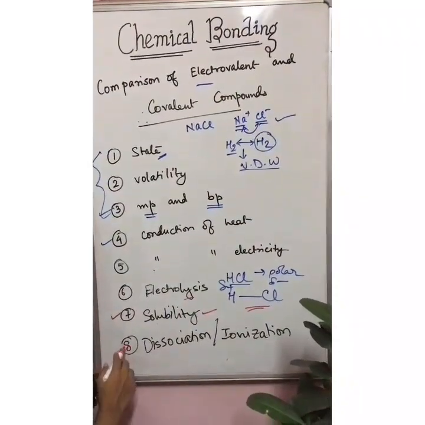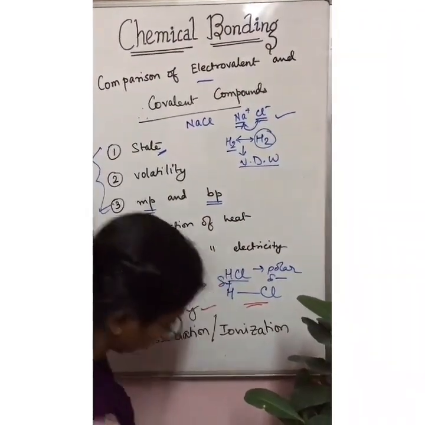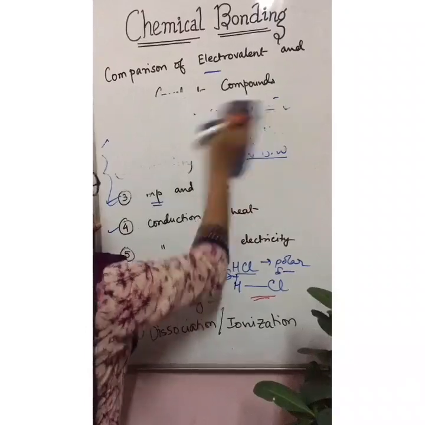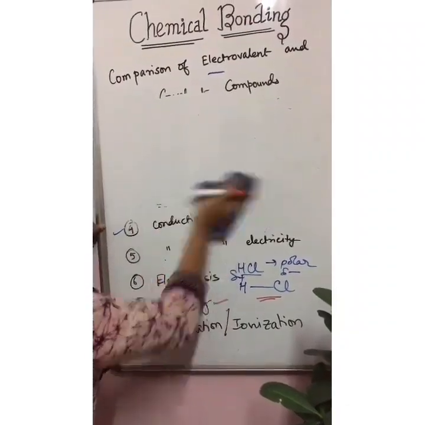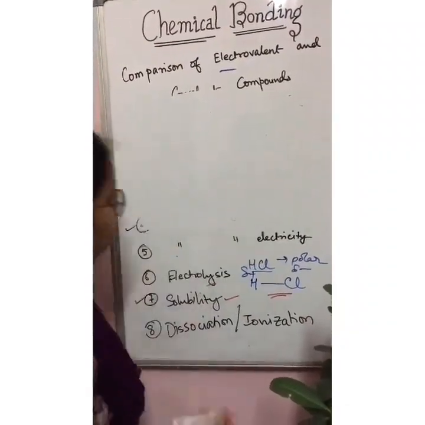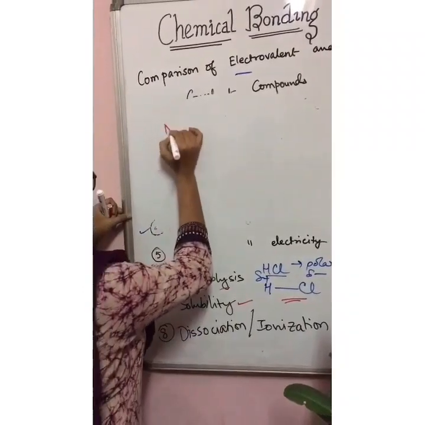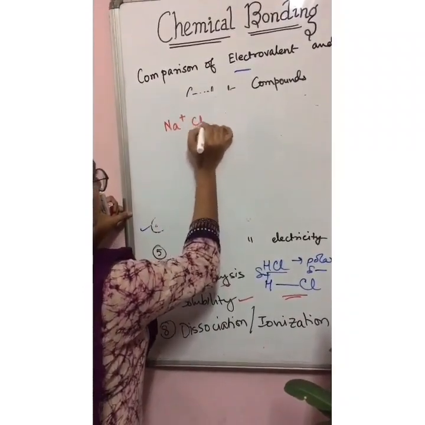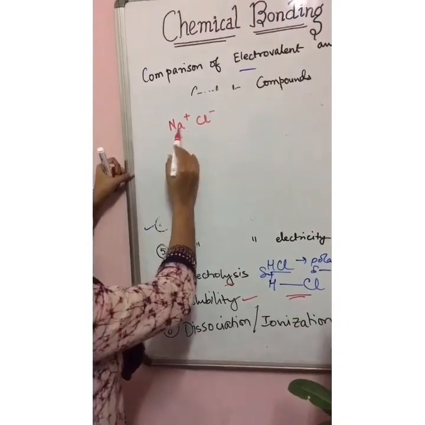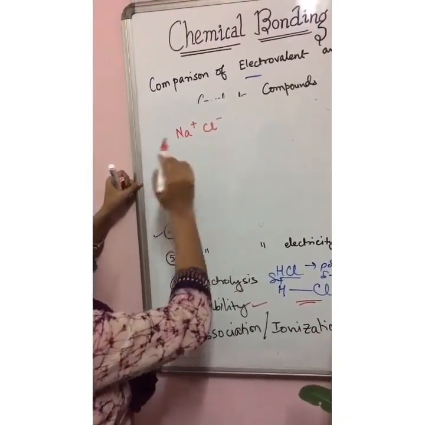The next point is dissociation and ionization. To understand this is very important. First you have to understand the difference between dissociation and ionization. Electrovalent compounds exist as Na plus Cl minus, so ions are already present.